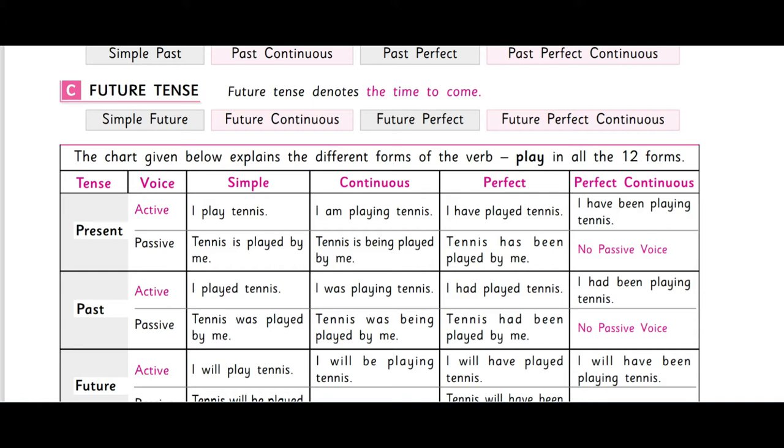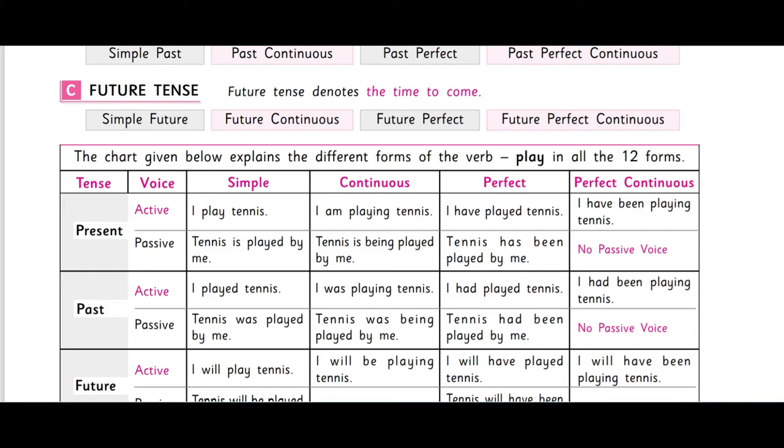When we express an action with the stress on the object, it is called passive voice. When we express an action with the stress on the subject, it is called active voice. So that is what we know about it, and we can go on.